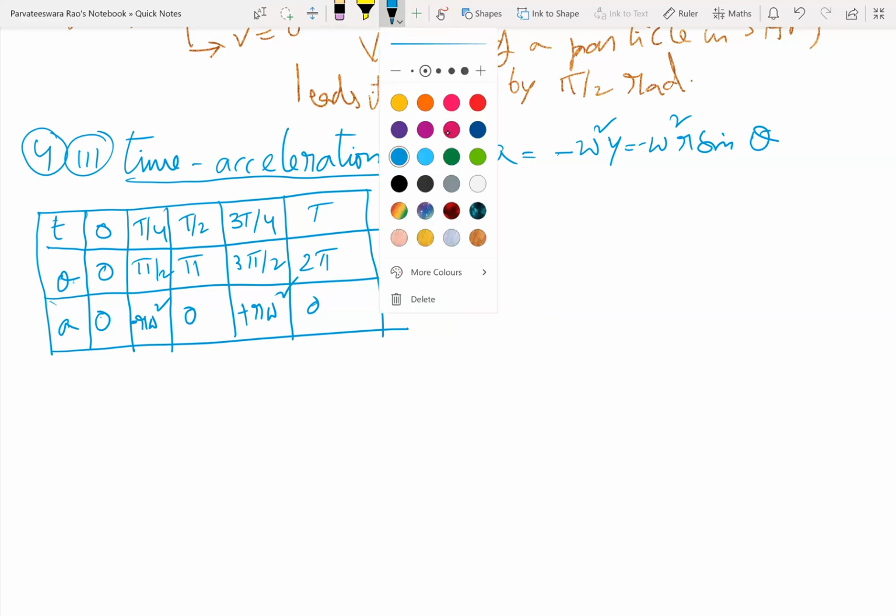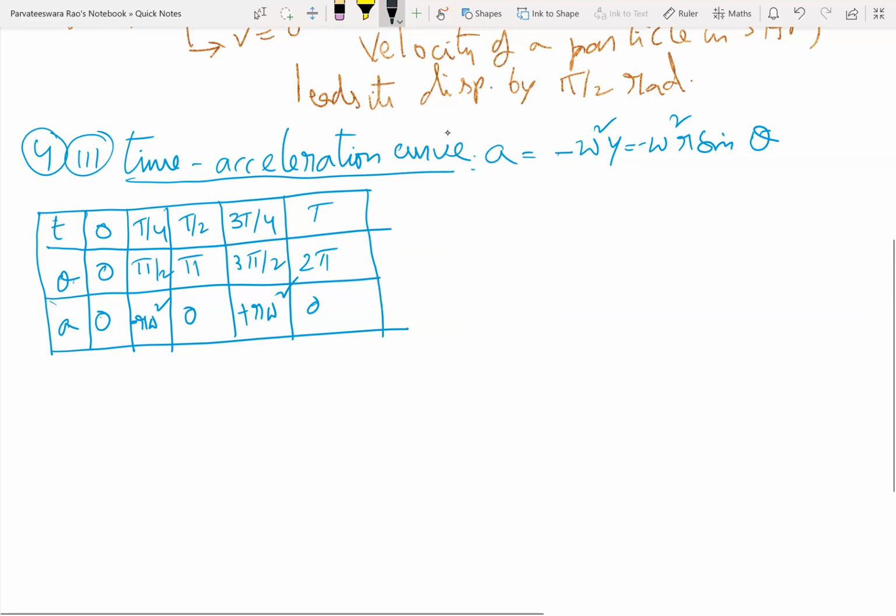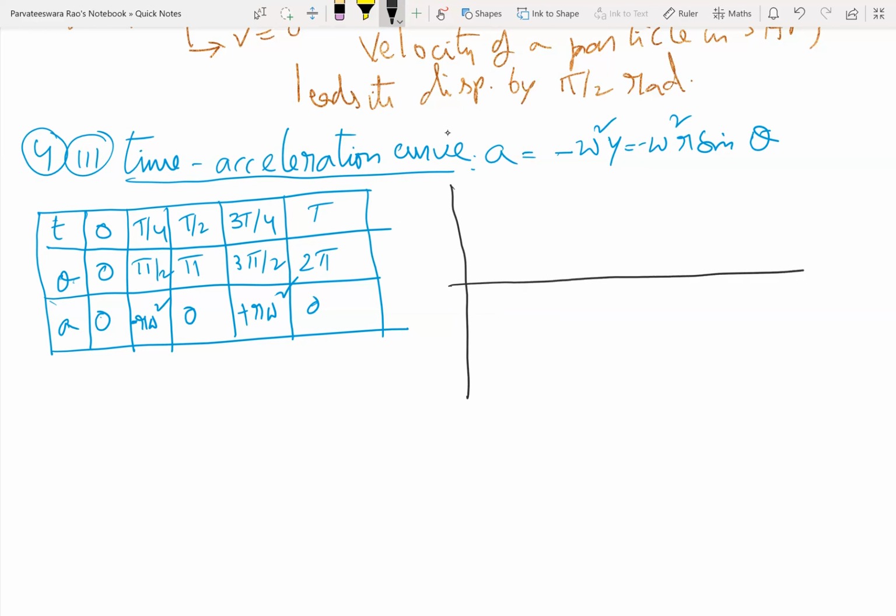So here on the x-axis we'll take time, and this is the acceleration on the y-axis.